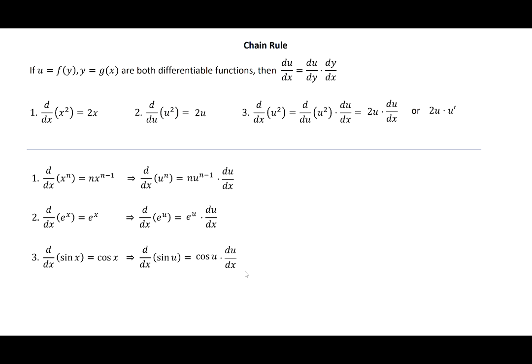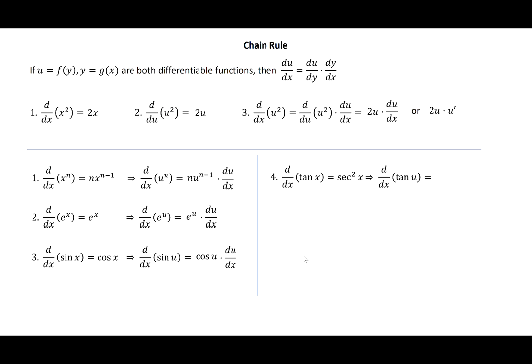Cool, folks? Let me see. Oh, I got a few more, looks like. d/dx of tangent x is secant squared x. So what's the question? What is d/dx of tangent u?